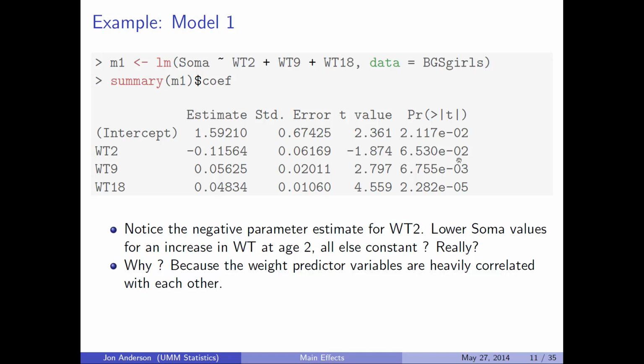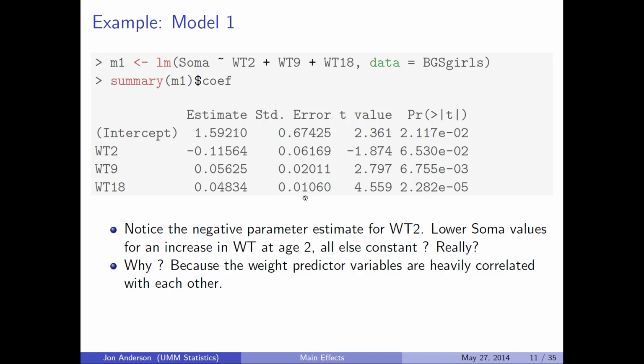And this is very disturbing because it's suggesting that, holding the other weight predictors constant, increasing age 2 weight is associated, with some evidence, with a decline in somatotype. And that just doesn't make any sense given the problem and the data that we've been looking at.